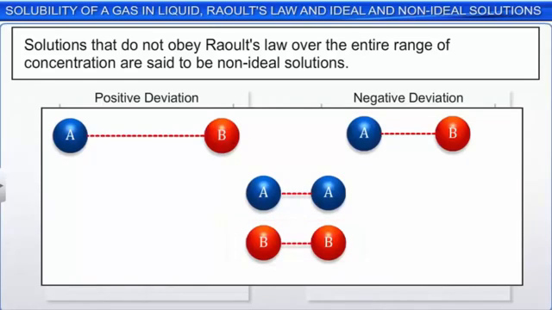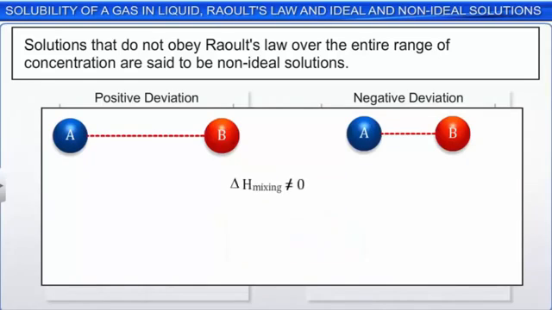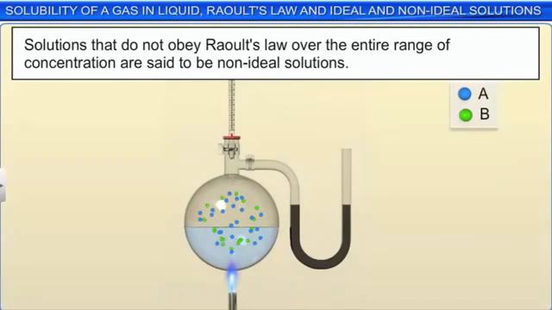Also, delta H mixing is not equal to 0 and delta V mixing is not equal to 0 for such solutions. If the magnitude of A-B interactions is weaker than the magnitude of A-A or B-B interactions, then this implies that such solutions have a higher tendency to escape into the vapor phase and will show a higher vapor pressure.